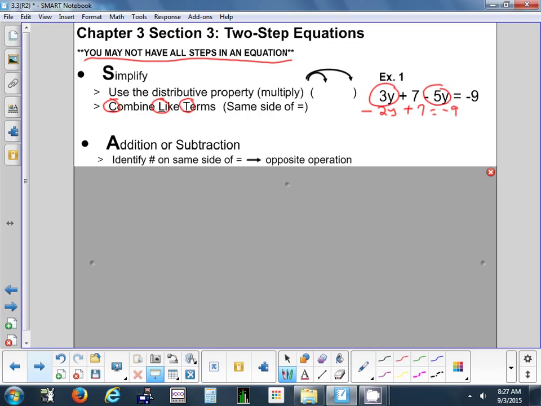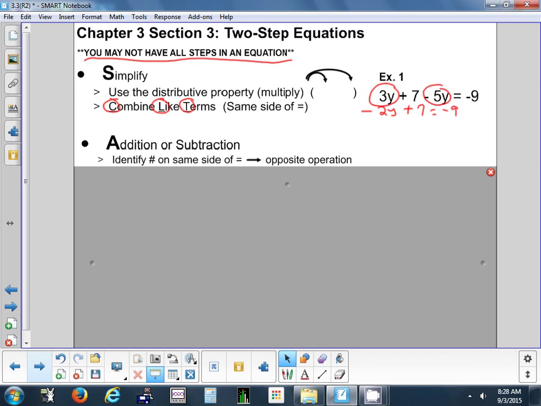All right, so what's the number on the same side of the equal sign with the variable? Somebody tell me. Let's start with this problem. Negative 2y is my variable, right?